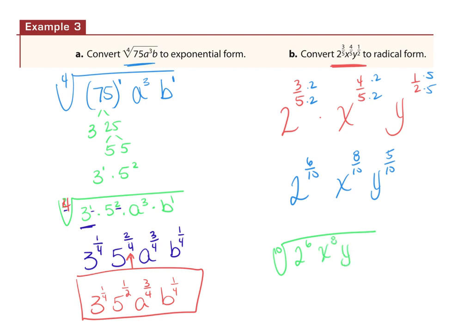I'm only using my numerators now, and y to the 5th power. And of course, 2 to the 6th can actually be simplified. 2 to the 6th is actually 64. So now I can say 64, x to the 8th, y to the 5th. And that would be going from rational exponent to radical.